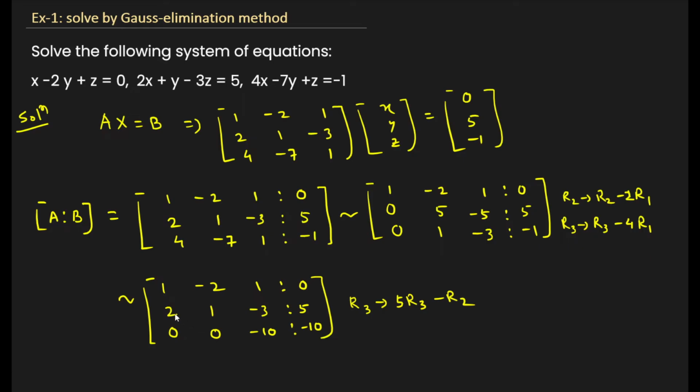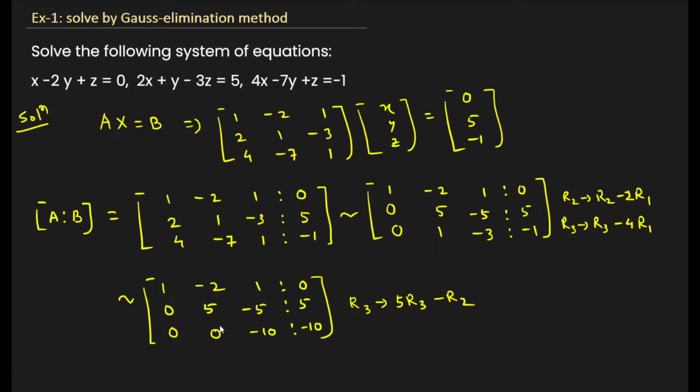So it's 0, 0, minus 10, and then what? 5.